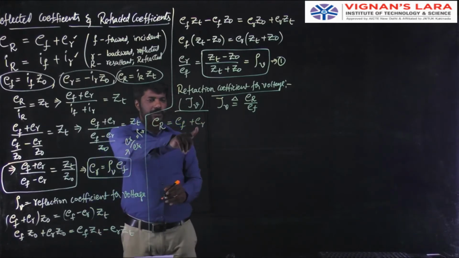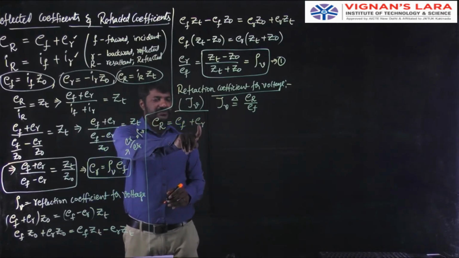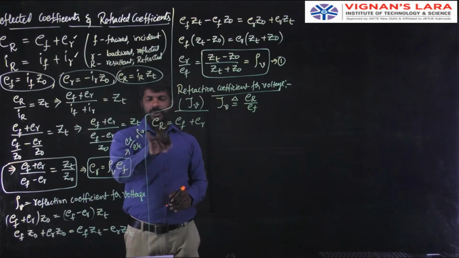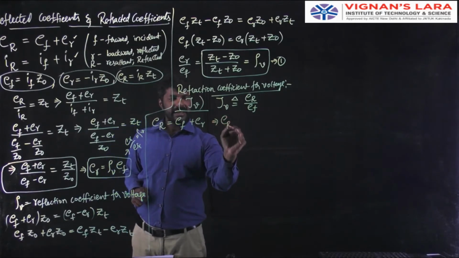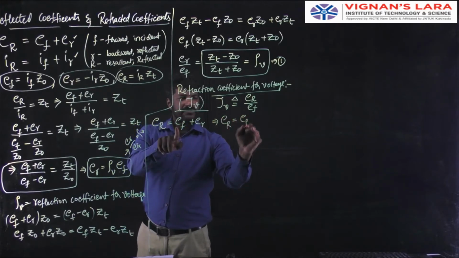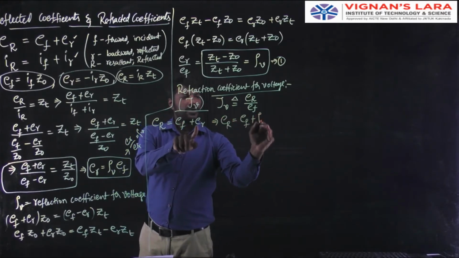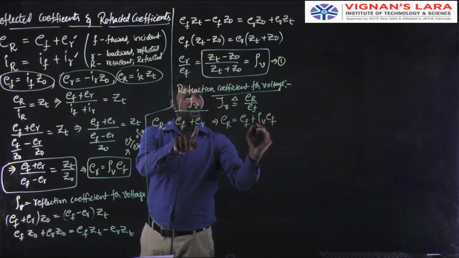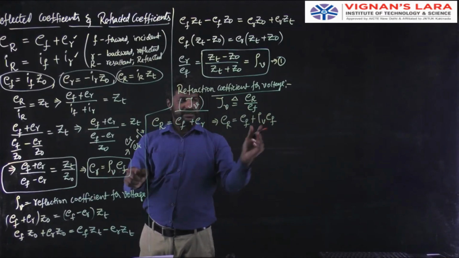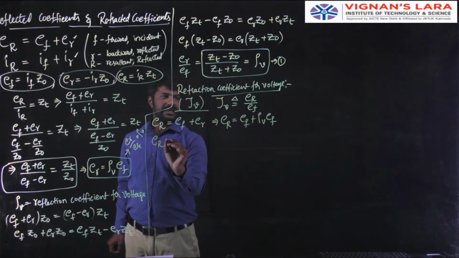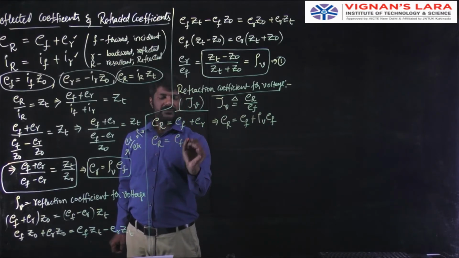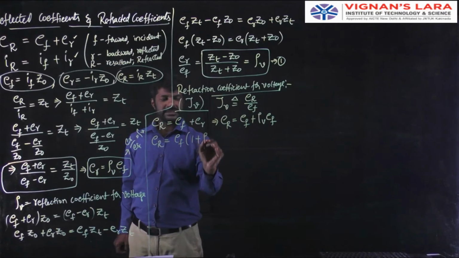And we proved in the previous step that the reflected voltage is equal to rho V times EF. Then I can write E capital R is equal to EF plus rho V into EF, as this is the definition. Like this I substituted. Then E capital R is equal to EF times 1 plus rho V.